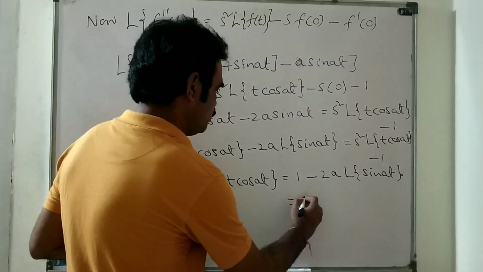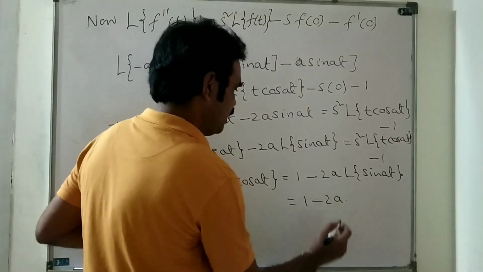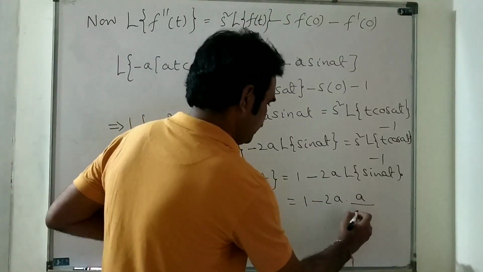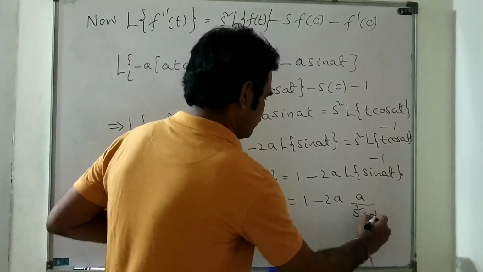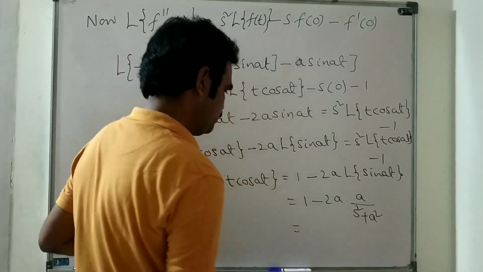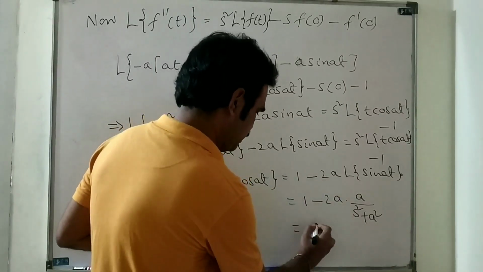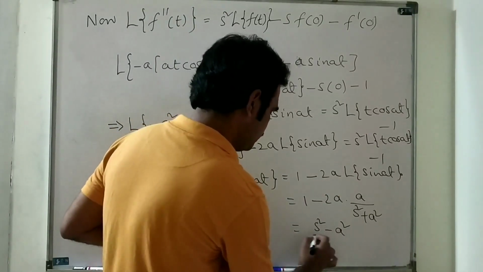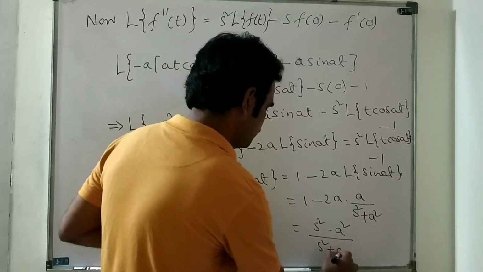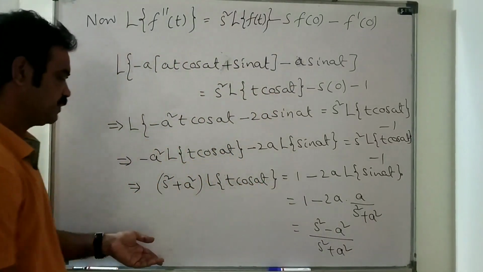That is equal to 1 minus 2a into L of sin at, which is a by s² + a². That is equal to (s² + a² − 2a²) by s² + a², which is (s² − a²) by s² + a². Okay.